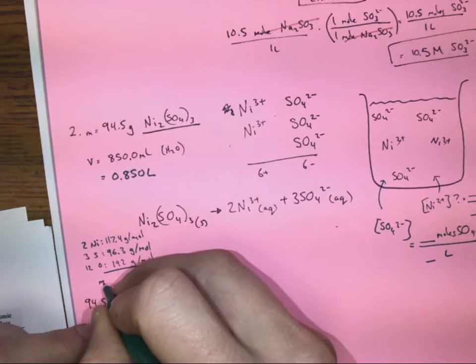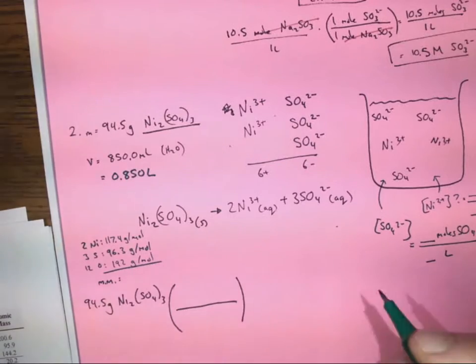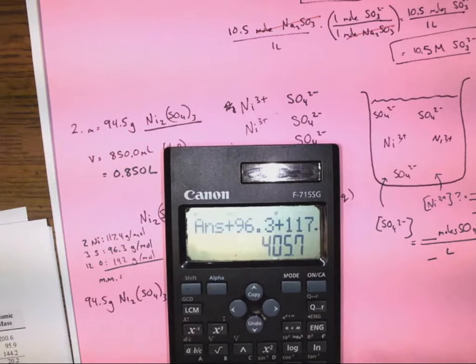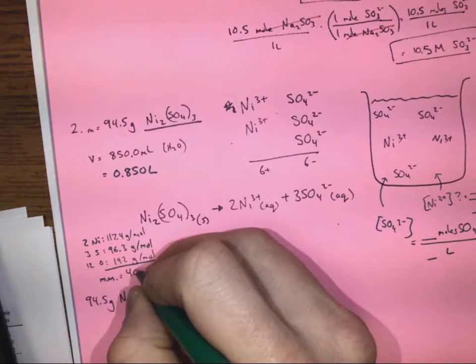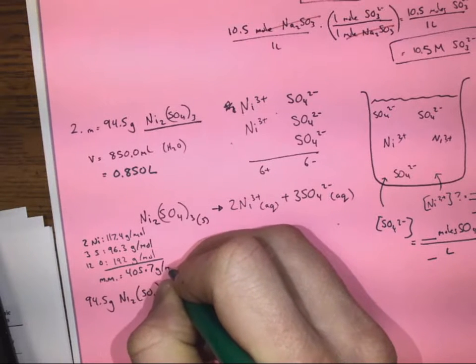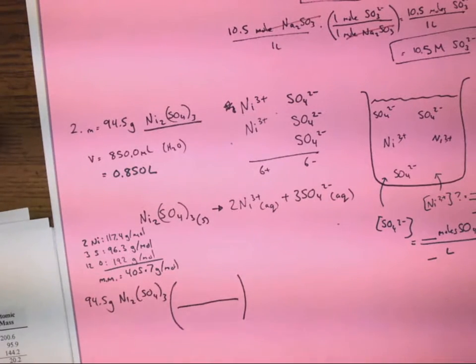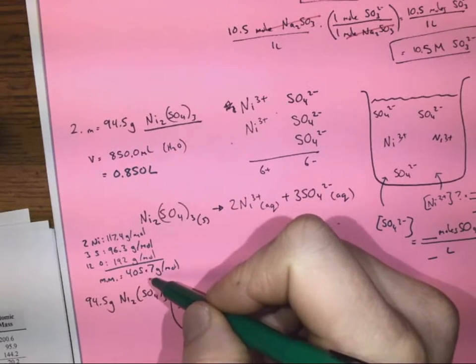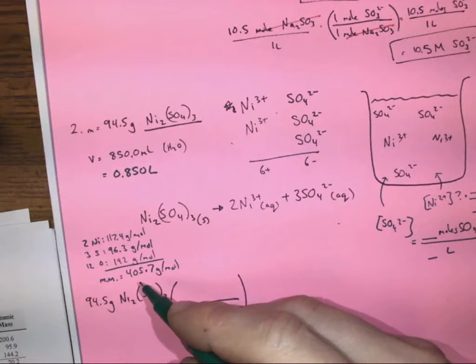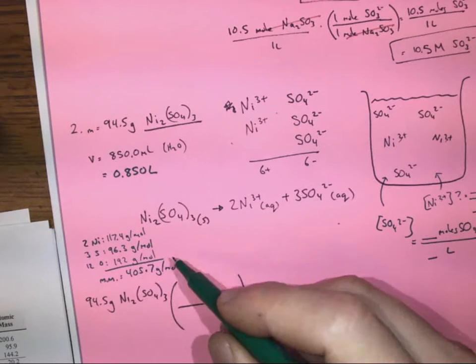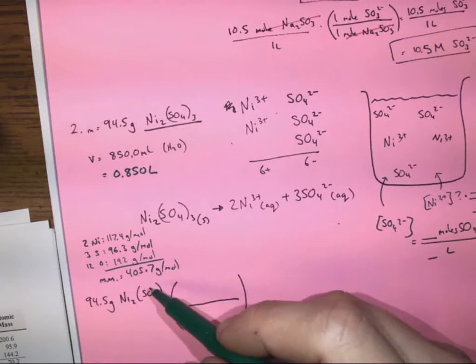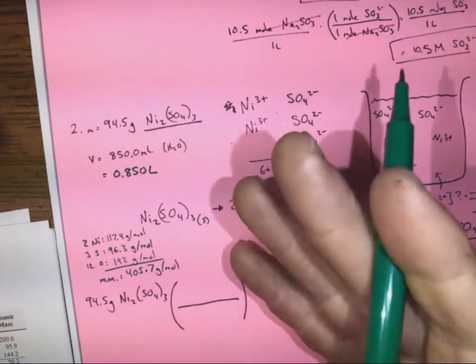So that means the molar mass is 192 plus 96.3 plus 117.4, 405.7 grams per mole. Actually, that's a case where I'm adding, so I would retain 4 significant figures here. So a mole of this stuff weighs about 405, a little bit more, 406 grams-ish.